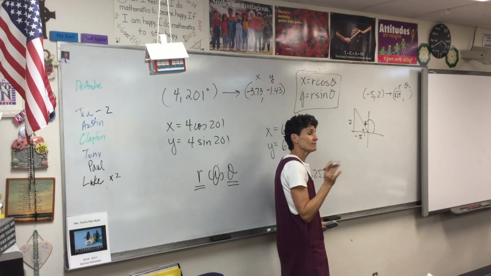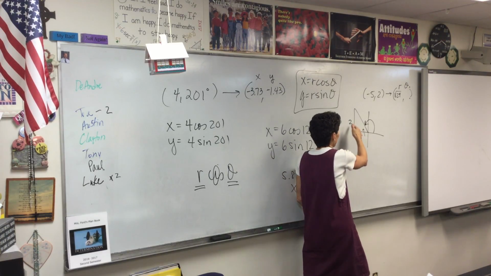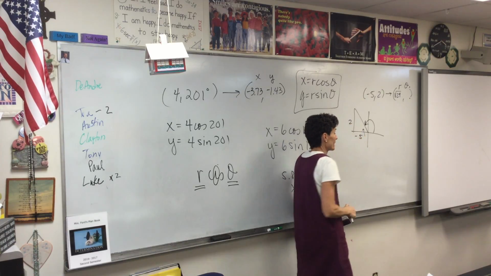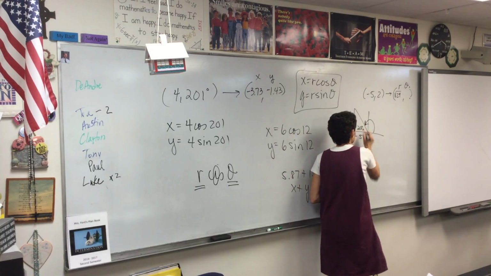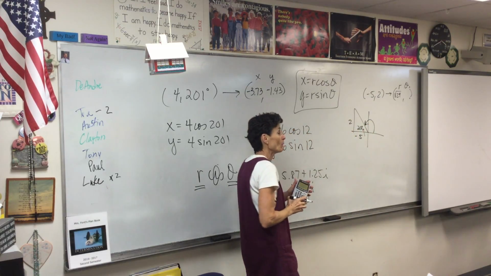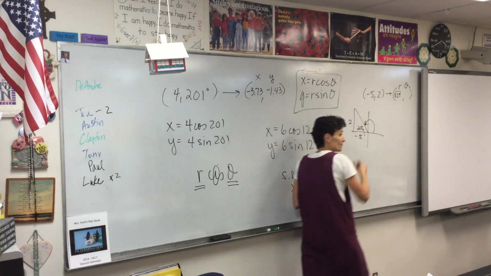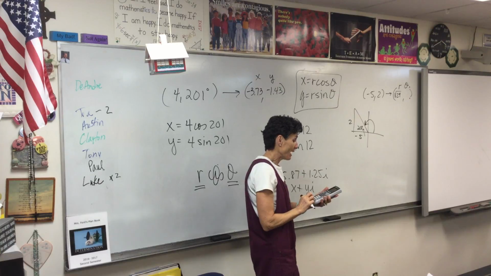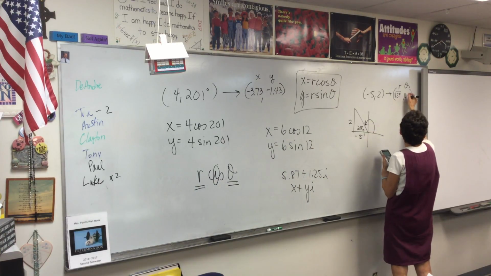You can take or leave the negative, I don't care, I never put it in personally. And it's always y over x. Opposite over adjacent, that's tangent. So that works out to be 21.8. Now, 21.8 is not theta. Remember, this is theta. So we're going to do 180 minus that number, and it's 158.2.